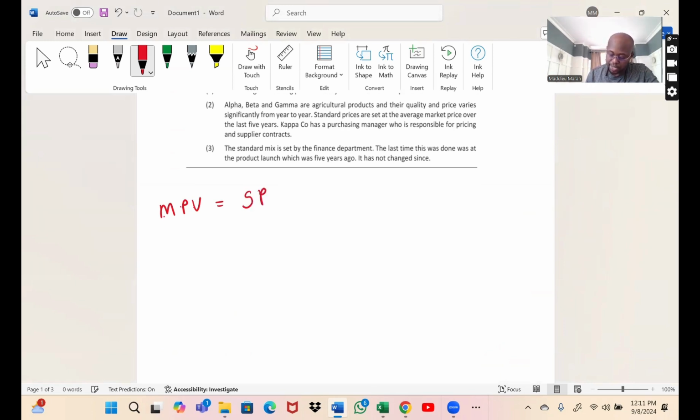It's standard price minus actual price, multiplied by actual quantity, actual usage. Whichever I want to use, actual quantity or actual usage. That's the material price variance: standard price minus actual price multiplied by actual usage, or actual quantity if you want to use quantity.